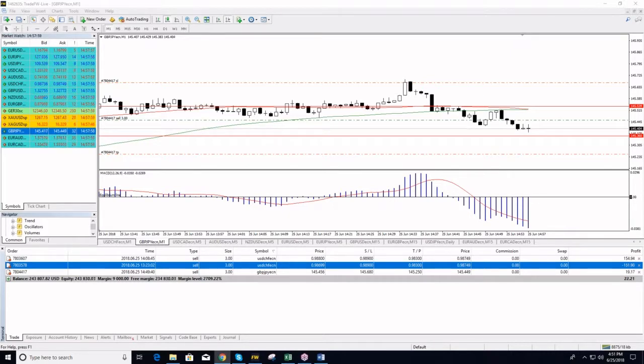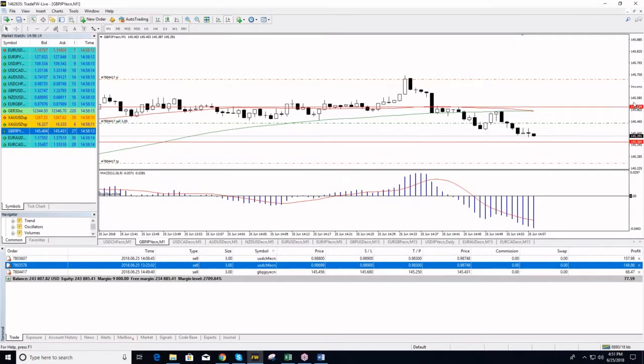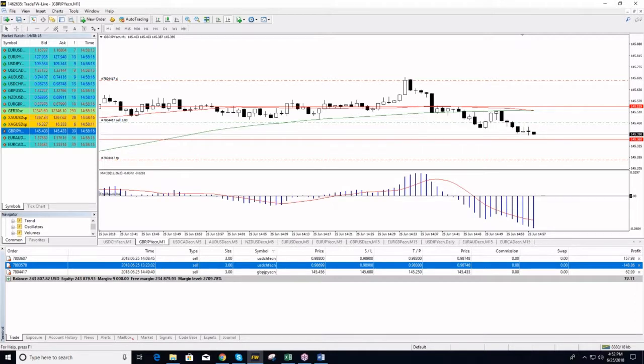So we are patiently waiting now for the news announcements to come out at forexlive.com. We are watching now live our last trade for the day. We have shorted pound yen. All right. Let's see how it behaves during the news announcement.